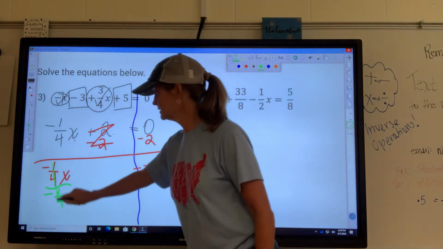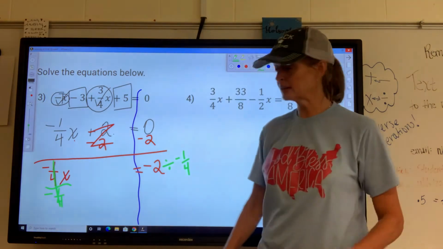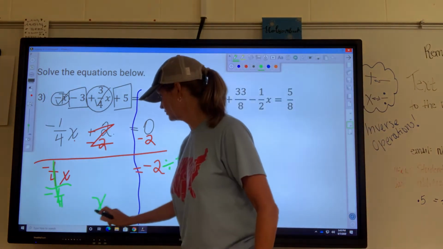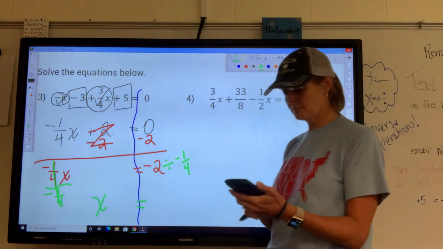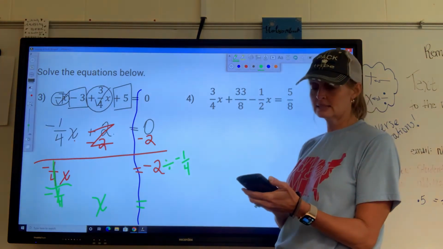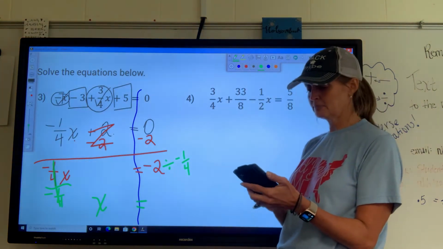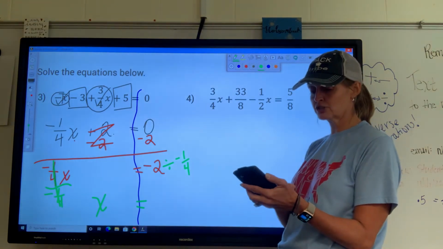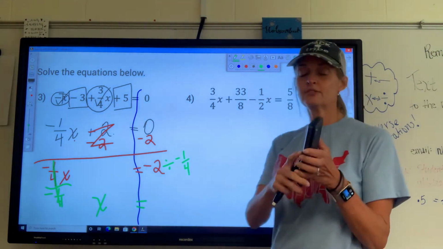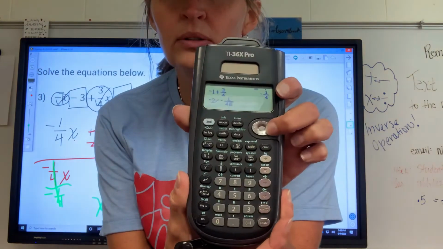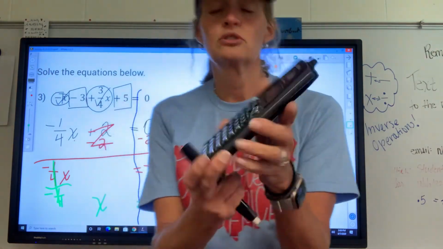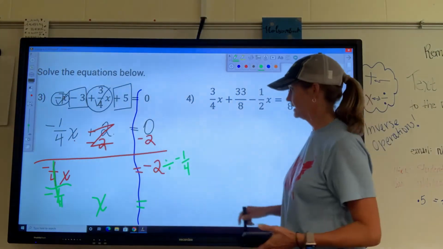So they cancel, which I know that. So they become a plain x over here. That's the whole purpose. And then you punch in, just in case you wanted to, negative 2 divided by negative 1 fraction 4. And then I forget this all the time. I forget to scoot out of the fraction. Scoot out of the fraction. And I get 8.